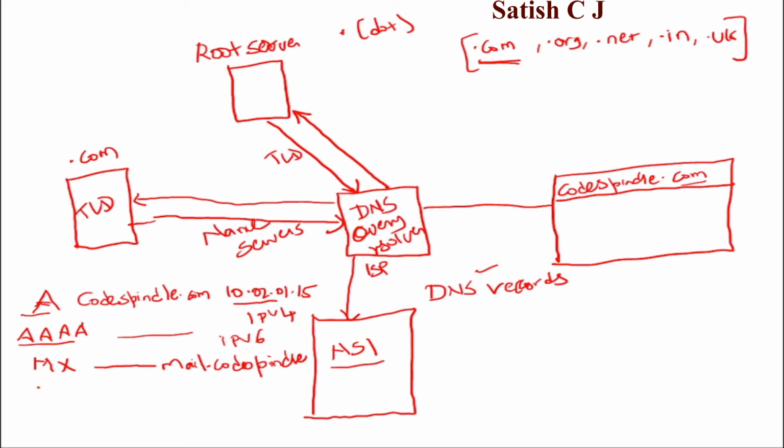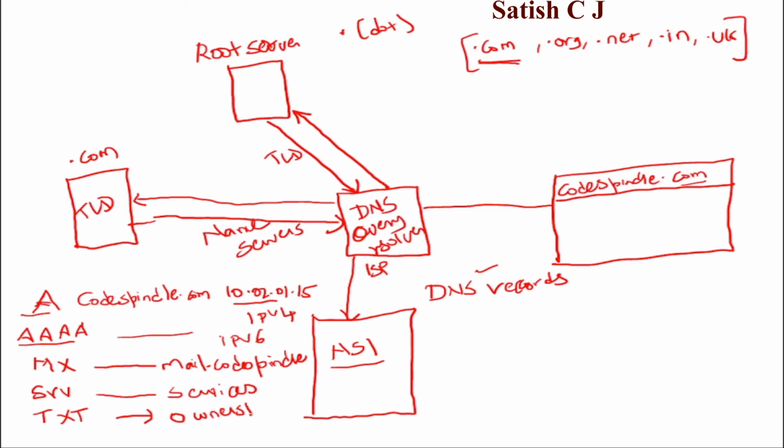And we also have other types of records like service records, which point to the various services and servers supported by that domain. And we also have text records. The use of a text record is that it holds ownership information.